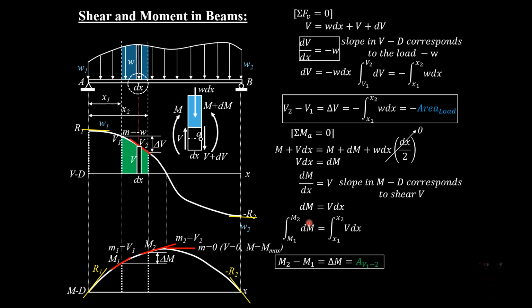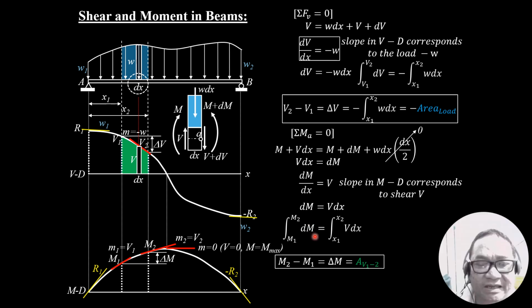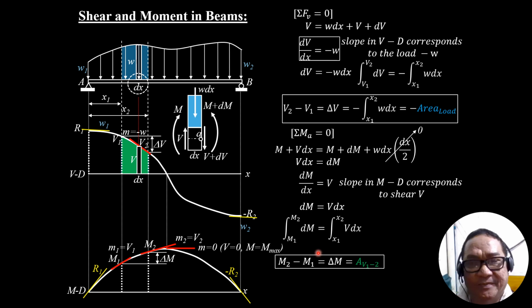Integrating the integral of differential moment with limits from m1 to m2 equals the integral of shear dx from x1 to x2. Again, this integral of differential m is simply delta m.